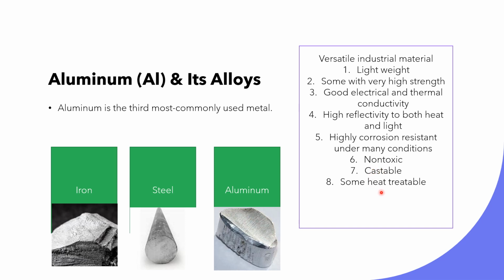They are non-toxic, so we can use them for food purposes, they're very cost-effective, and some of them are heat treatable. So these are the major properties of aluminum and its alloys.